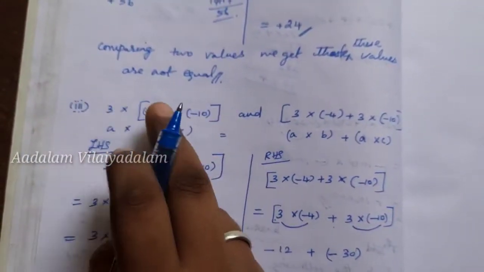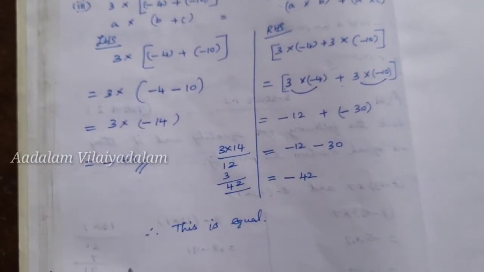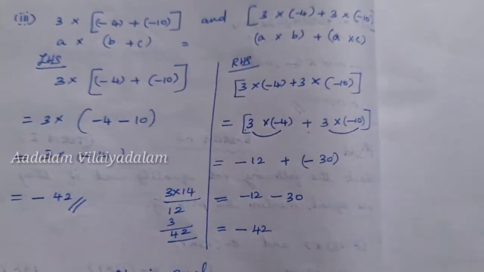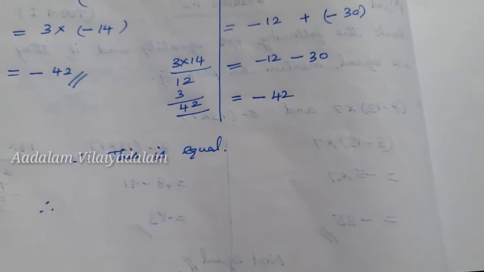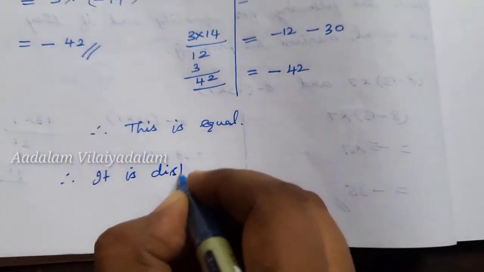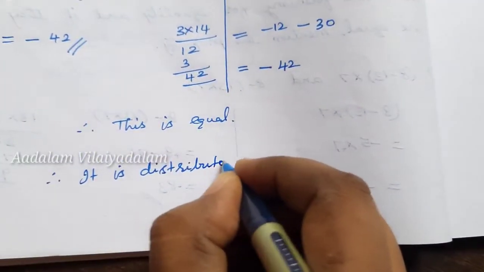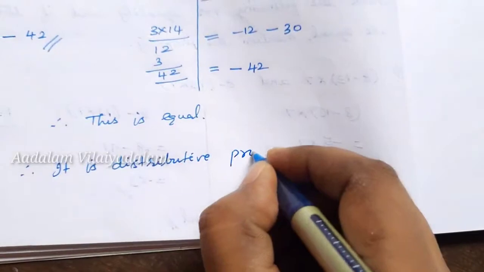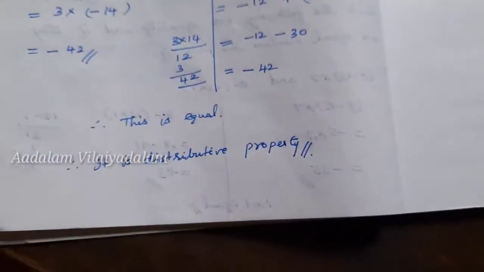So this A, B, C values are satisfying the right hand side as well as the left hand side. So therefore this property, this is equal. Therefore it is distributive property. You can complete with this.